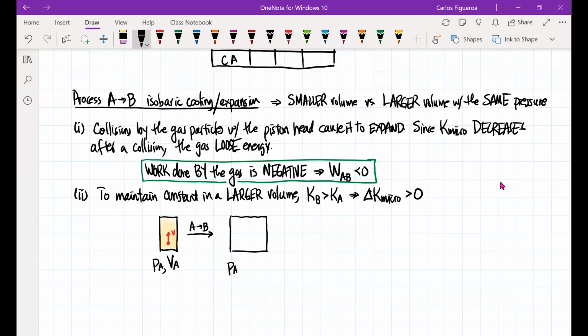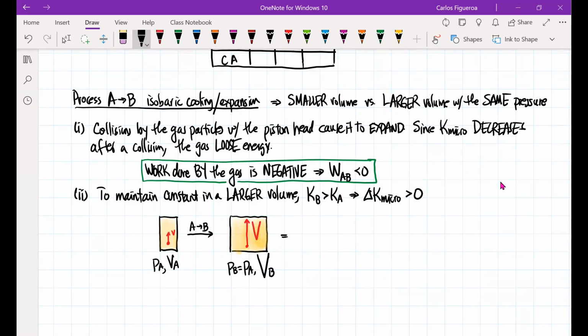but the pressure stays the same. But the volume is definitely bigger. So the only way I can maintain the same pressure with the bigger volume is that the speed has to be larger.